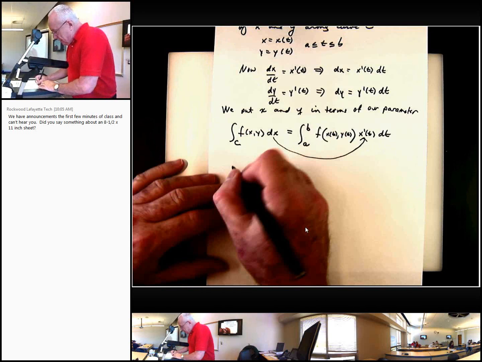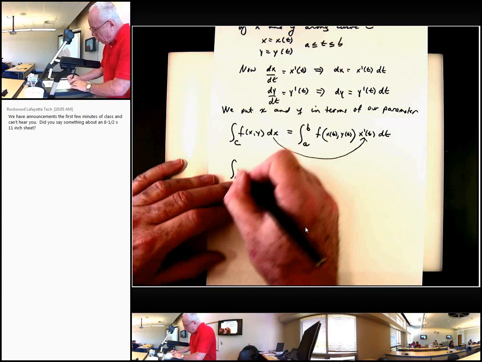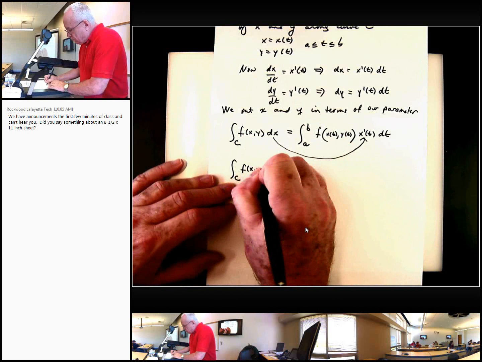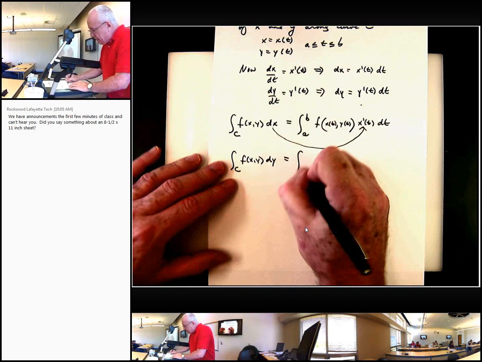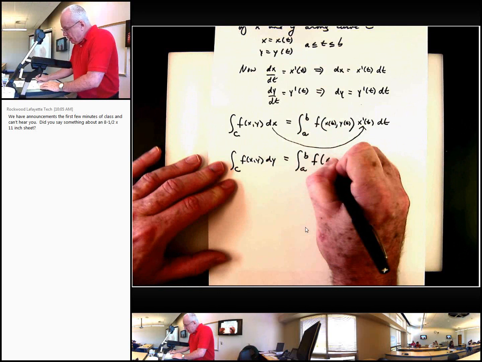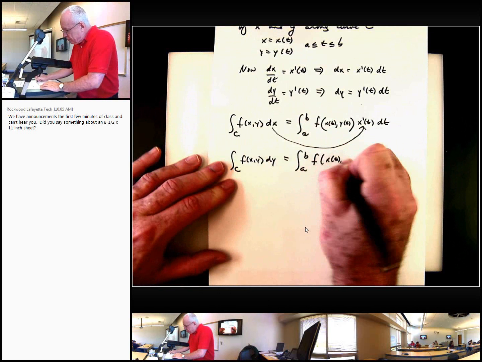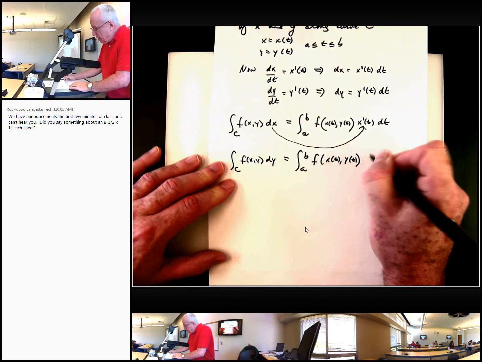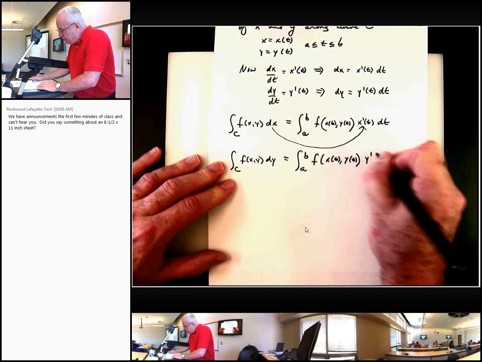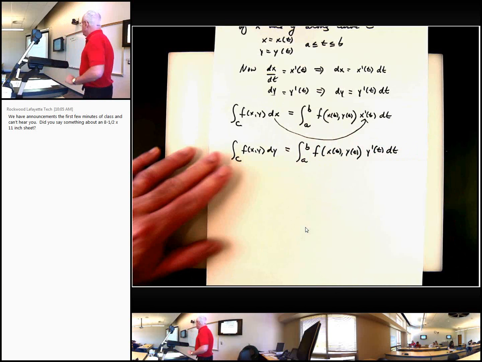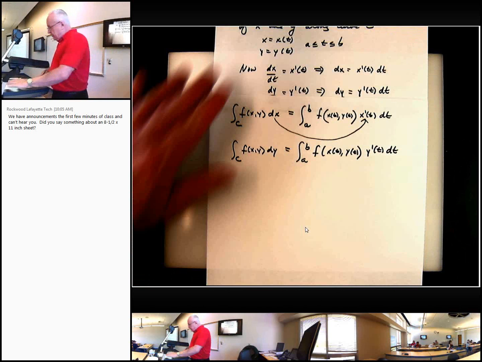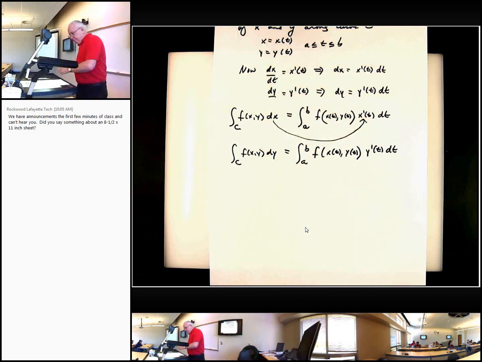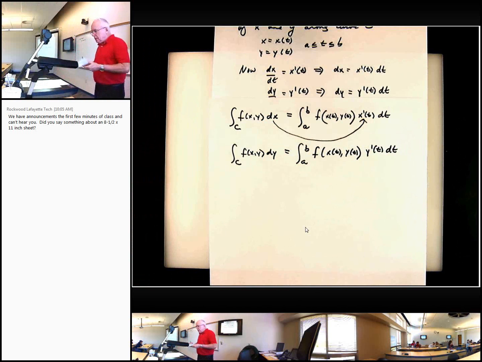Similarly then, the integral along C of f(x,y) with respect to y, dy, is going to be the same thing, a to b, f, I plug in my parameters, but now it's going to be y prime of t dt at the tail end. Okay. So please notice that this is certainly a different formula.